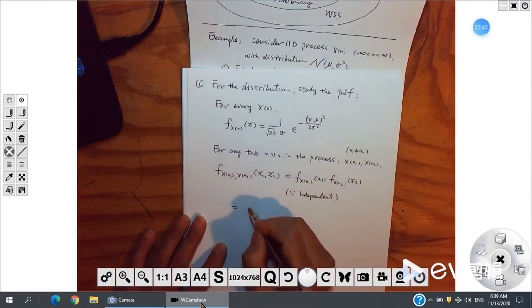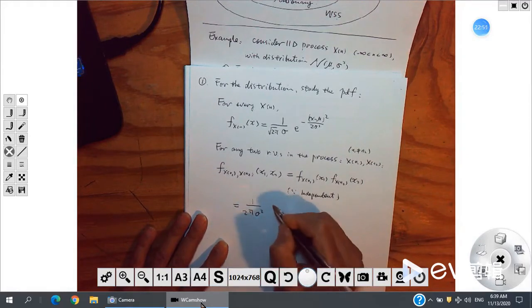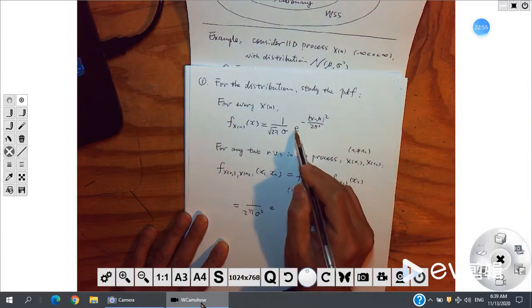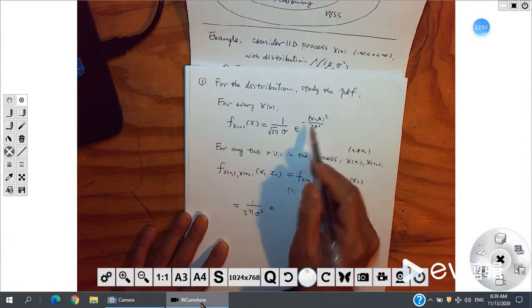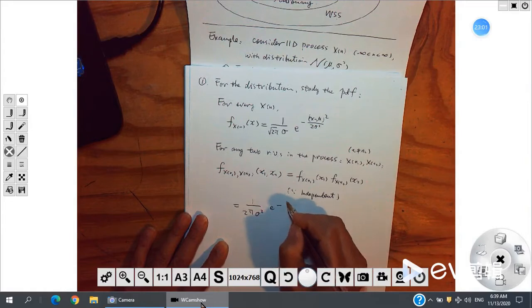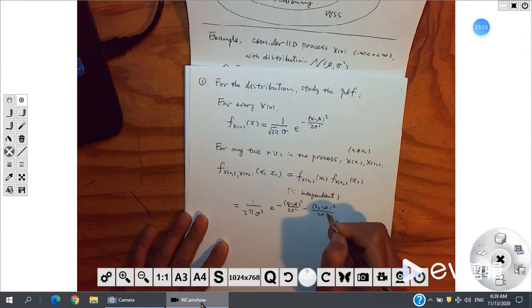There will be 1 over 2 pi sigma squared and the exponential power. Now you need to multiply two of these together, so there will be a summation of the powers. So it is negative x1 minus mu squared over 2 sigma squared, minus x2 minus mu squared over 2 sigma squared.